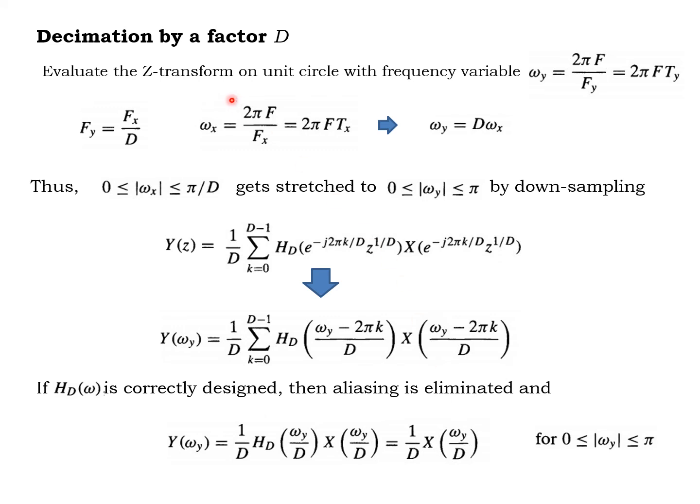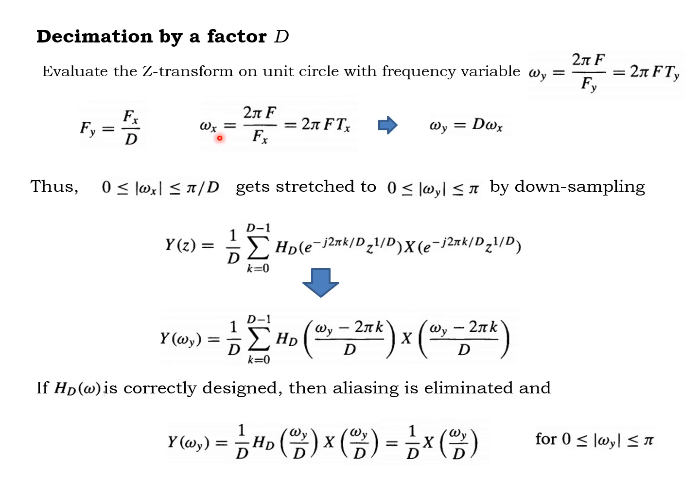So if we are considering an example, evaluate the Z transform on unit circle with frequency variable omega y, that is angular frequency, is equal to 2 pi f divided by fy, which can be written as 2 pi f into Ty, because fy is equal to 1 divided by Ty, right? So fy can also be written as fx divided by d, because the input sampling frequency is fx.